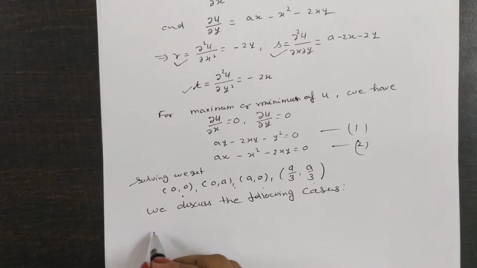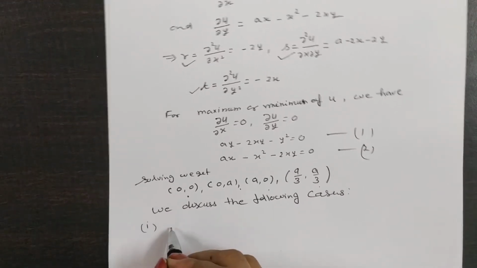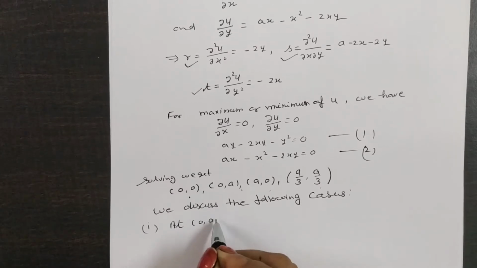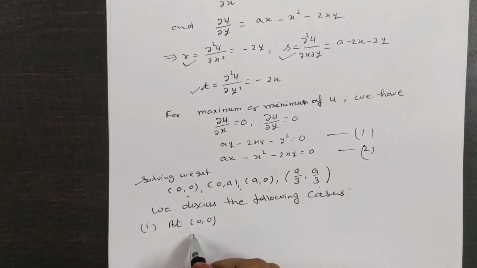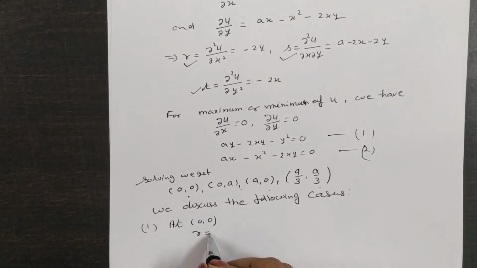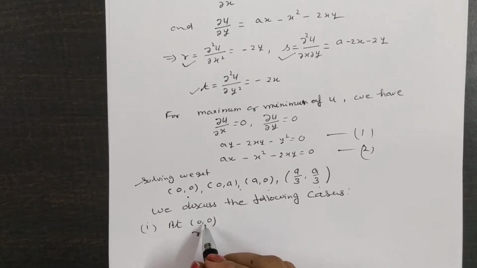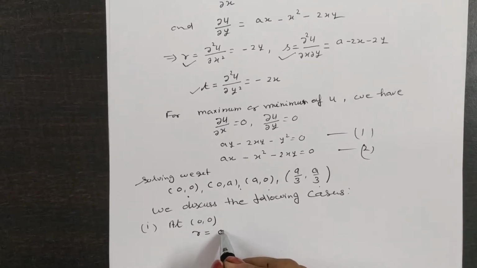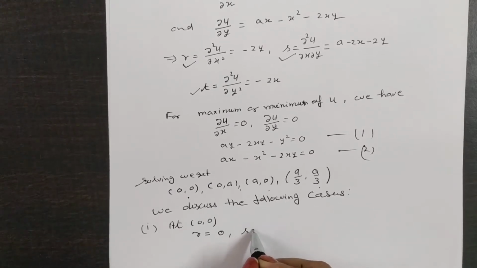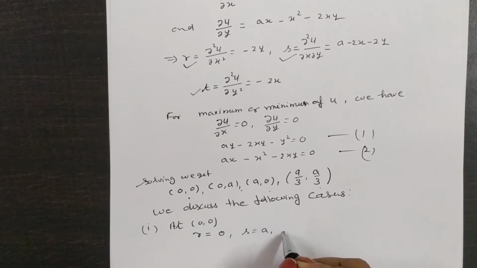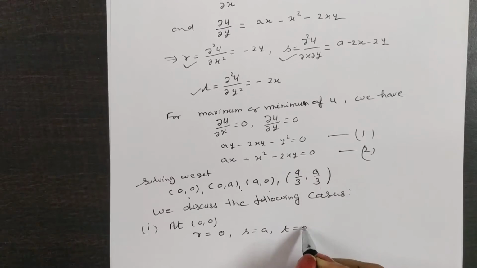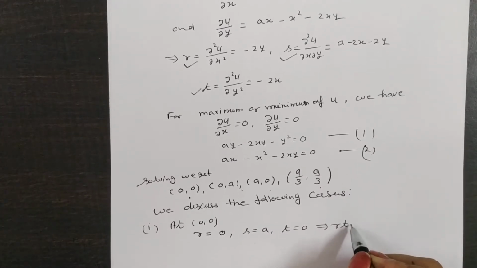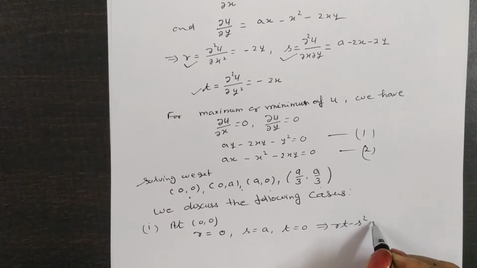Case 1, at the point (0, 0). Substituting x is 0 and y is 0, you get r is 0, s is a, and t is 0. This implies that rt minus s square is less than 0.